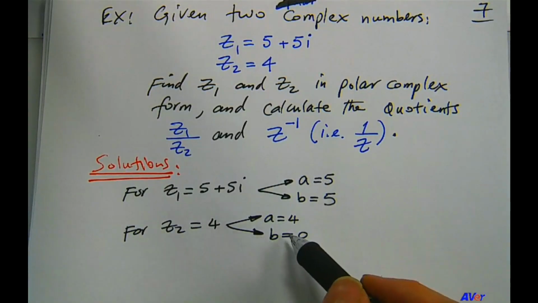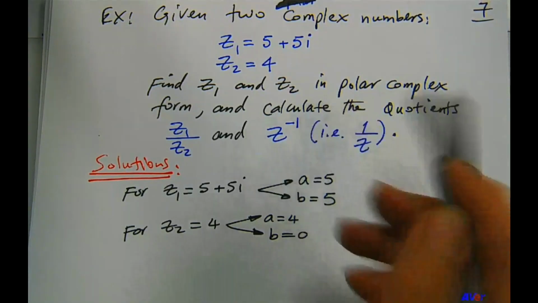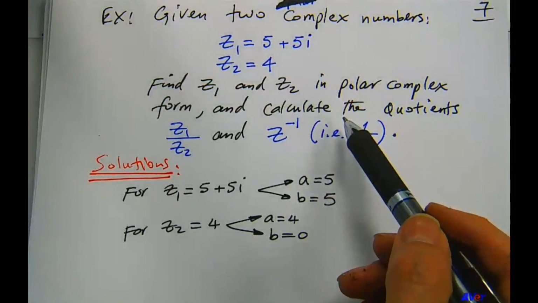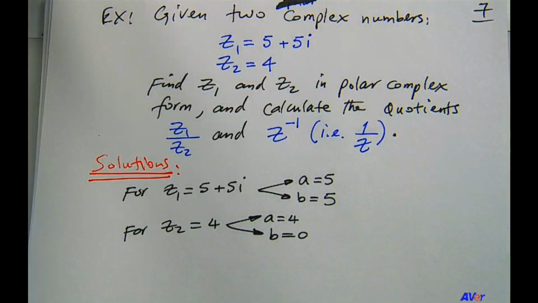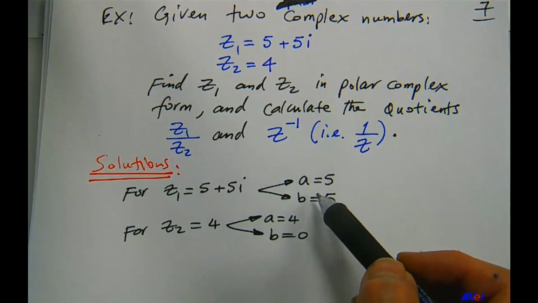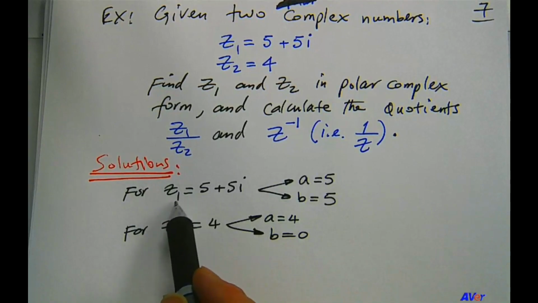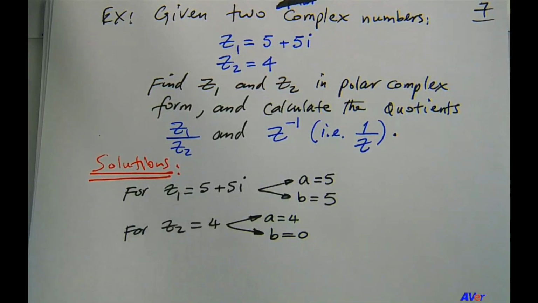Okay, this is important because for transition to polar complex form, we're going to need two variables, right? What are those two variables? You remember? There's r, and the other one is theta.